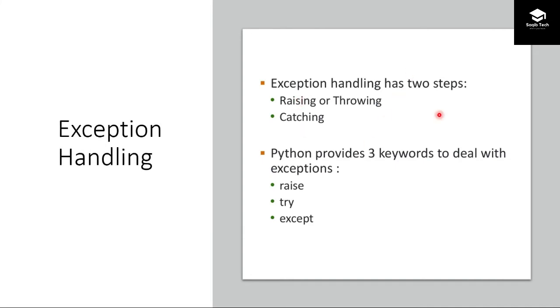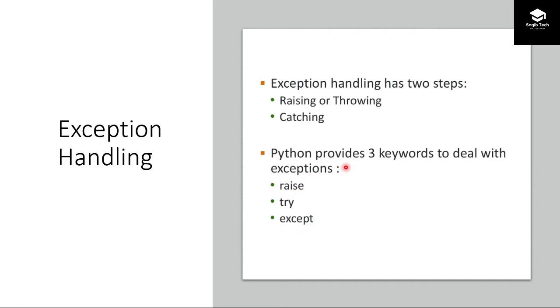First of all, it must raise or throw an exception. Raise or throw means that wherever you know an exception can occur, you need to throw that exception. The second one is catching. Catching means that when an exception is thrown, you need to check what exception it is and do something, or handle it. Basically, there are three keywords you need to remember.